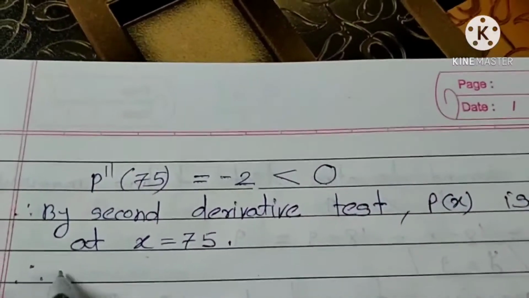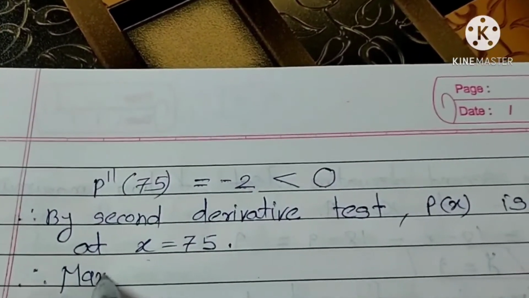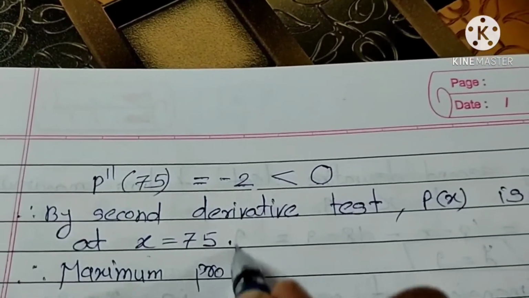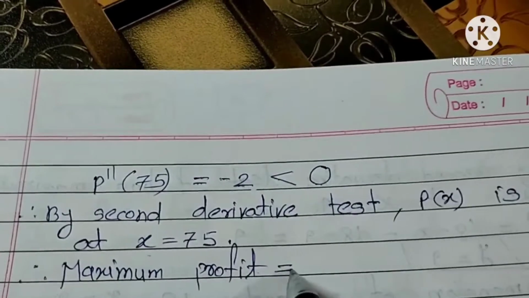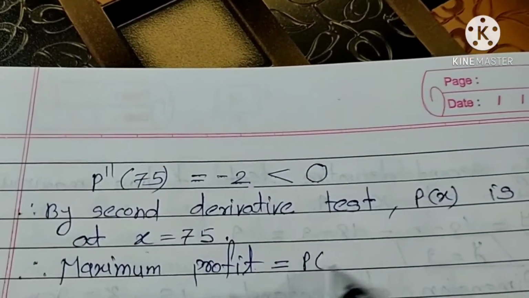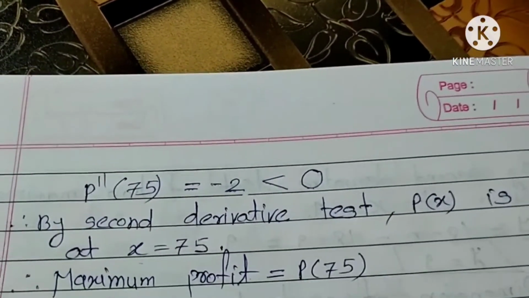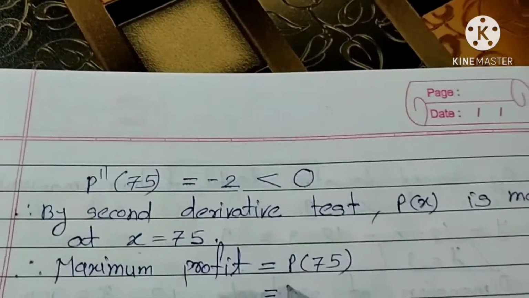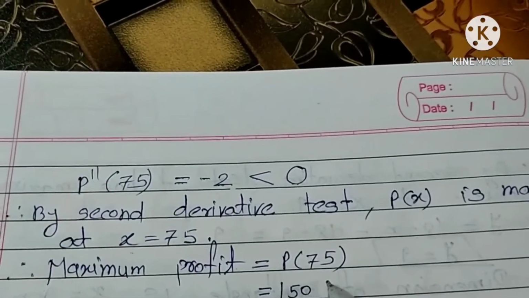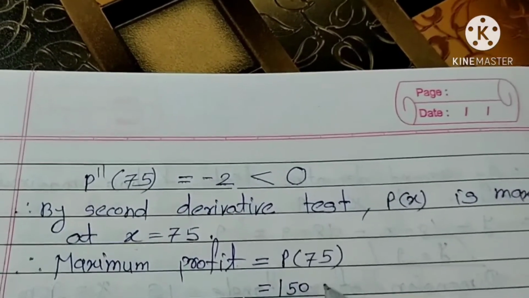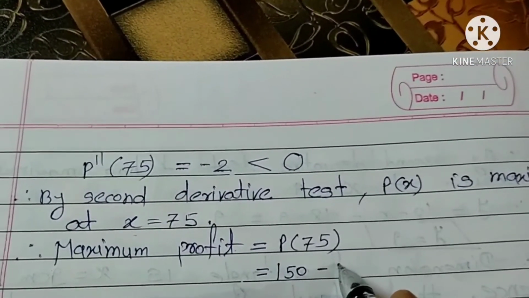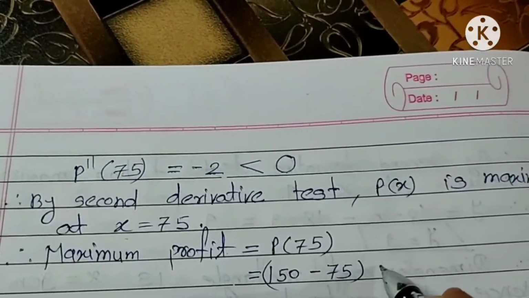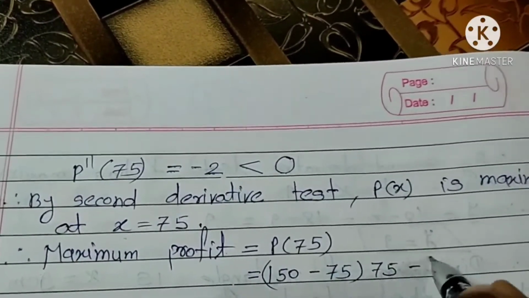So therefore the maximum profit is equal to P of 75, and put this value in our equation first. So it is 150 minus 75 here. Instead of x, put 75, here also 75.